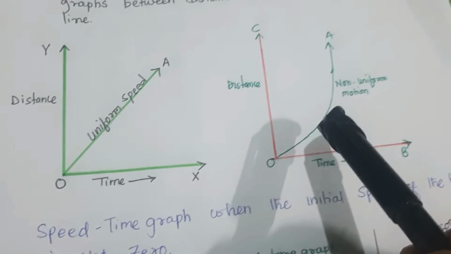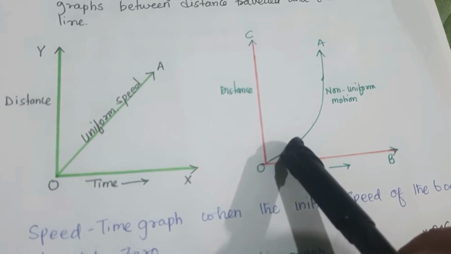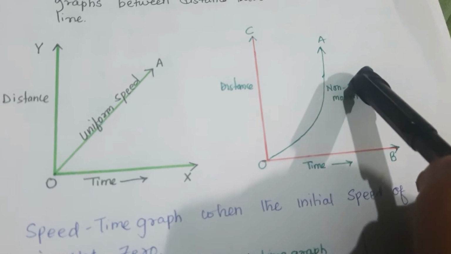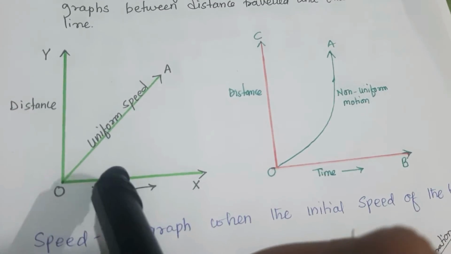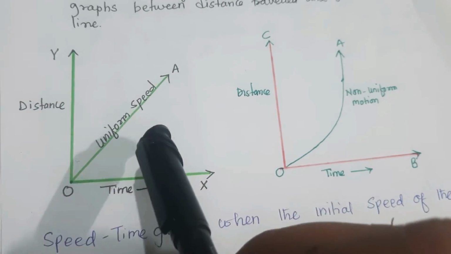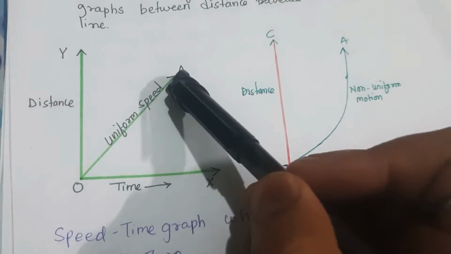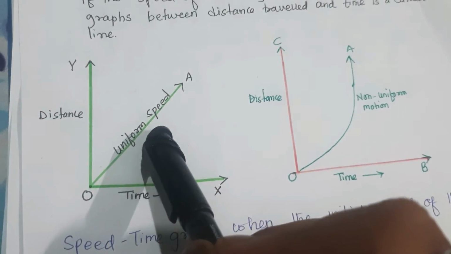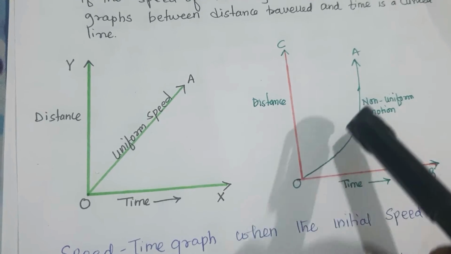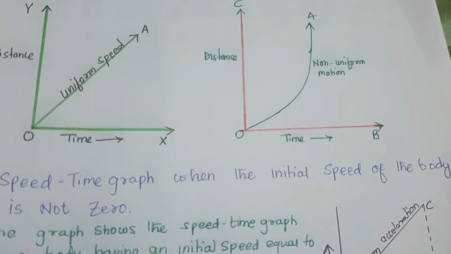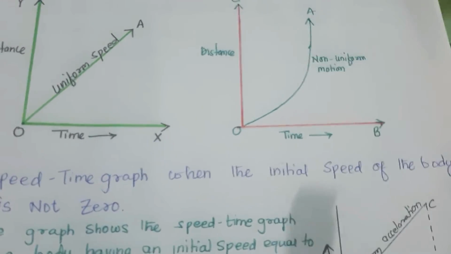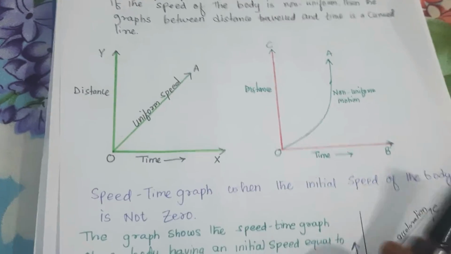That is why we call this non-uniform motion. So when time and distance are equal, the line will be straight, and that is called uniform motion. And when there is a curved line, then we call it non-uniform motion. Okay, I guess you are clear with this.